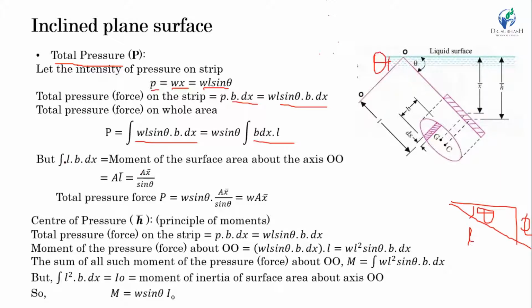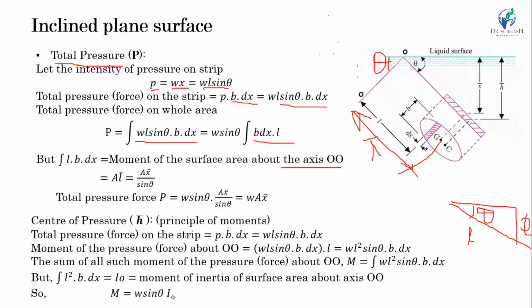So the integration of L b dx is the moment of surface area about the axis OO. By integrating this, we get the total area A times the distance between the axis and the CG of this area, which is L bar. It is not shown here, but we can indicate this distance this way. So this distance is L bar.